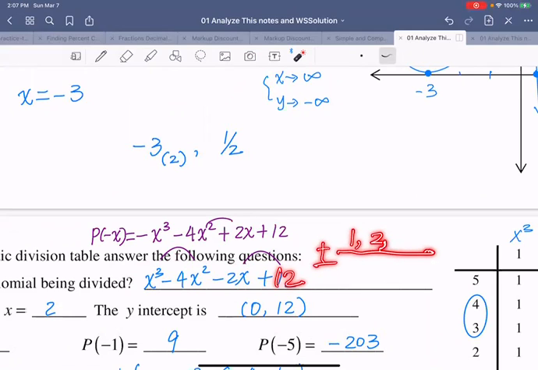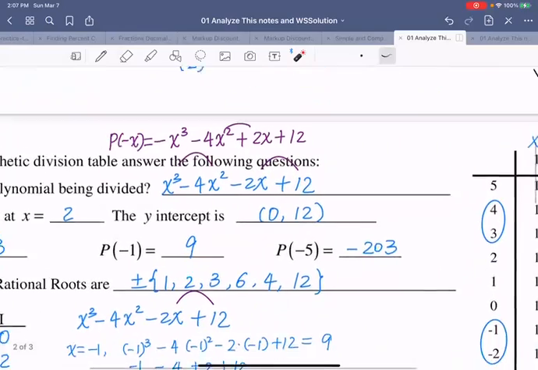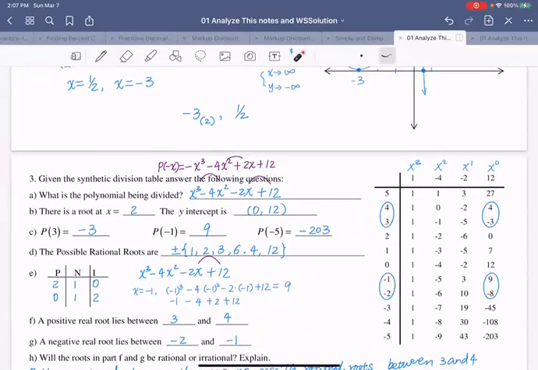Factors of 12, go ahead. 3, yeah, you can do 3. And then 4, and 6, 12. Yes. Divided by the factor of this guy, so 1. So that's PRR, possible rational roots. Possible rational roots are this. All right, that's it.